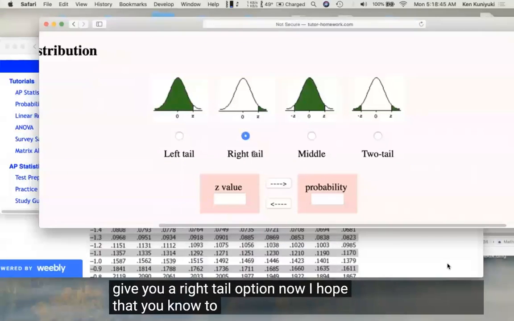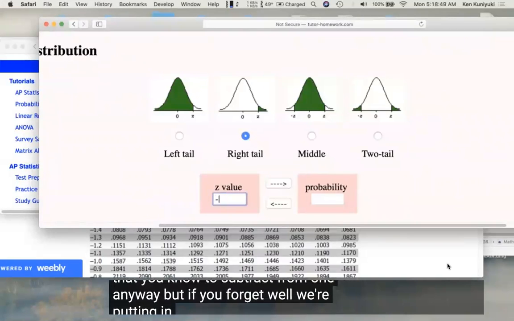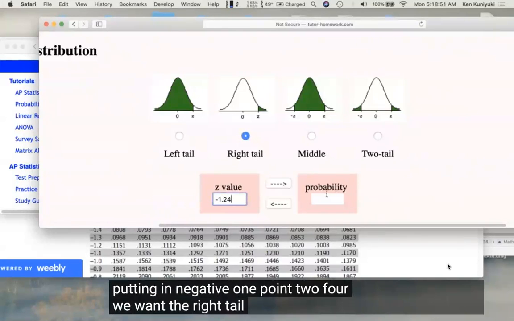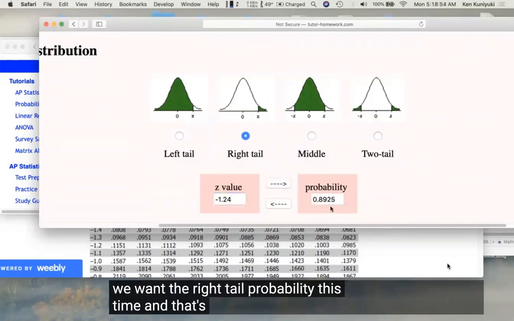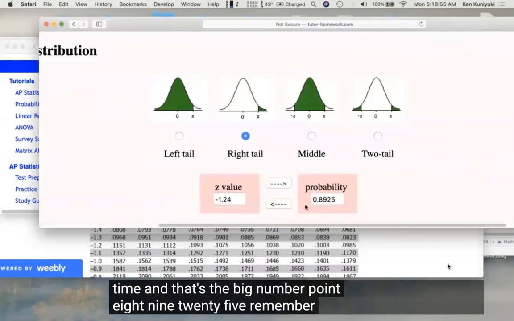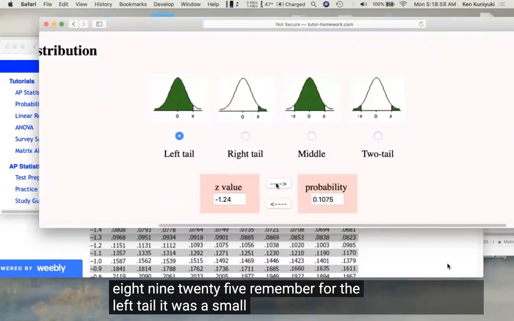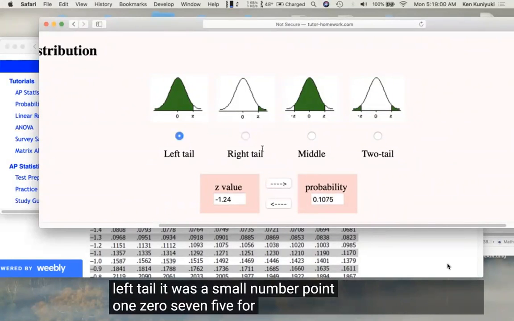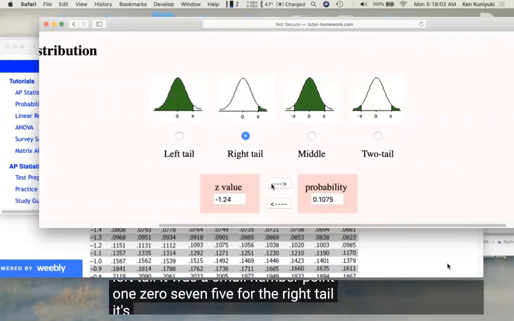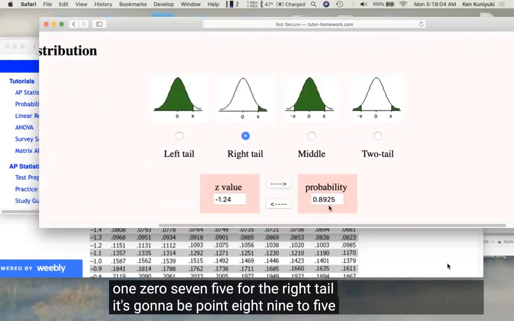I hope that you know to subtract from 1 anyway, but if you forget, we put in negative 1.24, we want the right tail probability this time, and that's the big number, 0.8925. Remember, for the left tail it was the small number, 0.1075. For the right tail, it's going to be 0.8925.